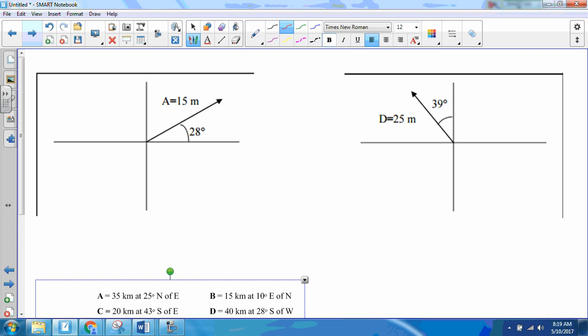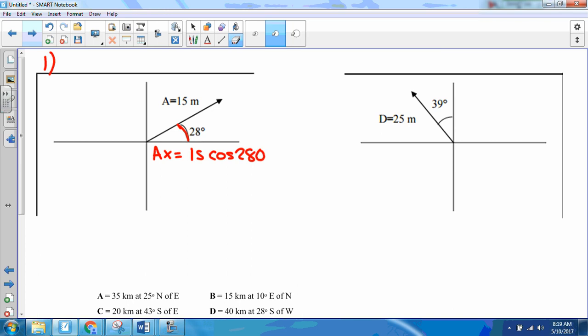So the first example right here, example 1, what we need to do is get the components. We need the AX and the AY. So AX is equal to A, which in this case is what number? 15, times cosine of the angle between the positive x-axis and the vector. So from here to here. So that's 28 degrees.